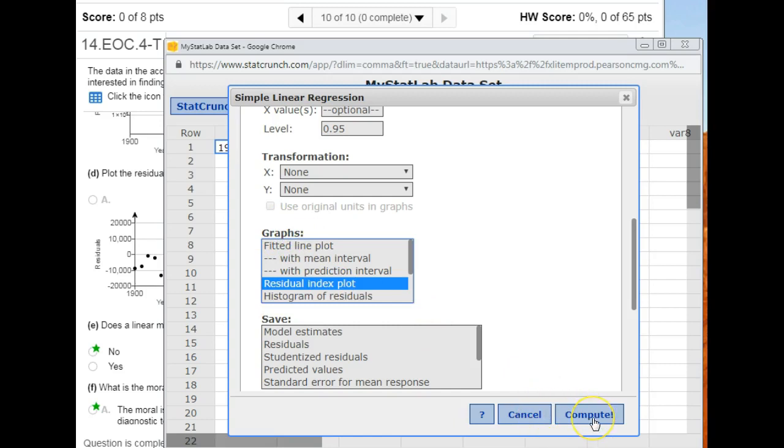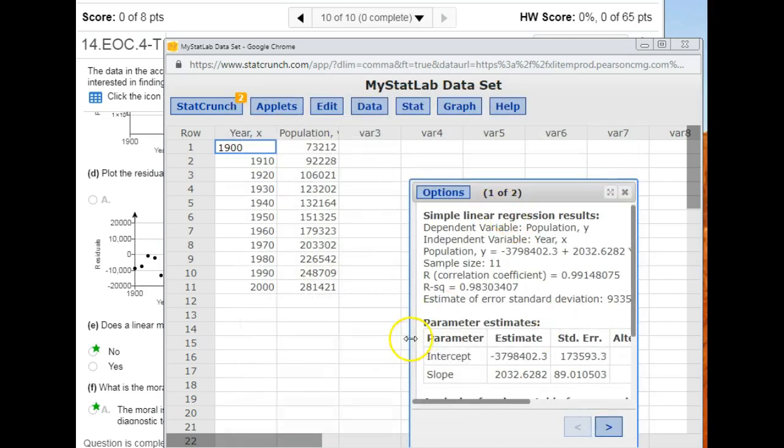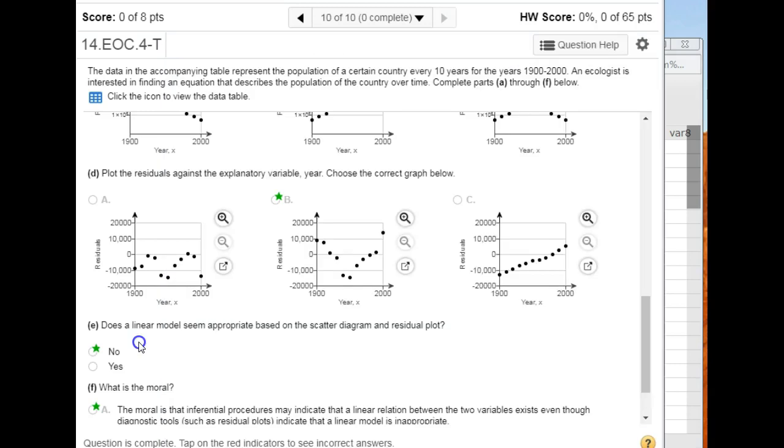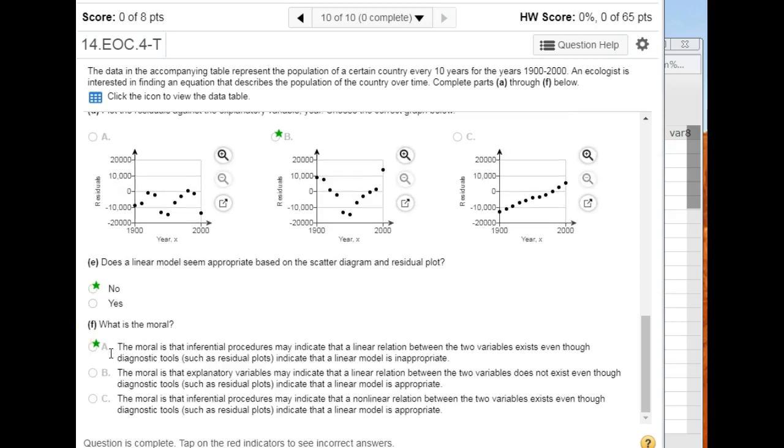We want that graph, so hit compute on that. When we scroll over to look at that residual plot, we see this distinctive pattern, a U shape. When something like that occurs in a residual plot, it means a linear model is not appropriate. So no, a linear model does not seem appropriate.